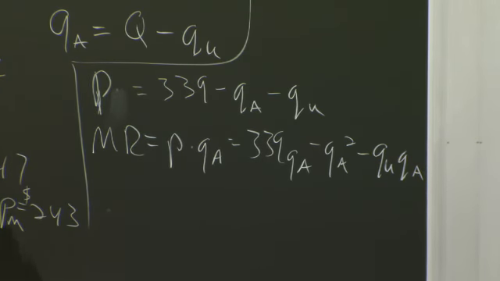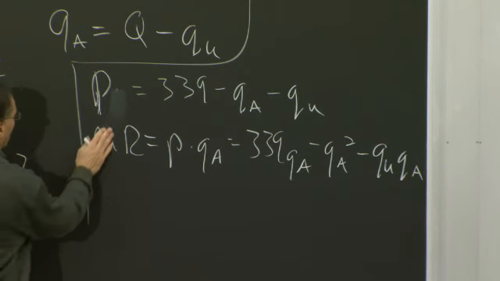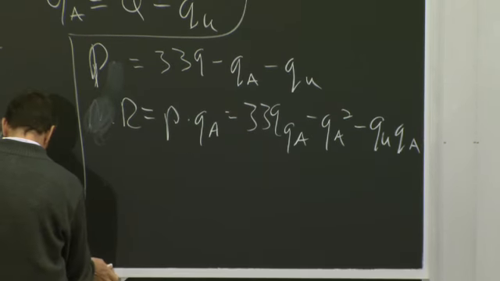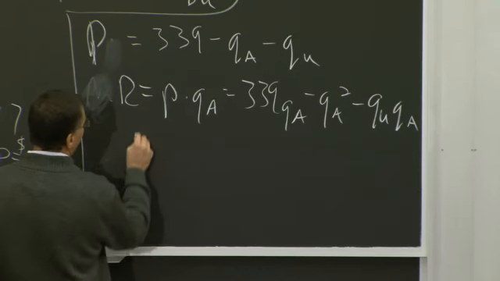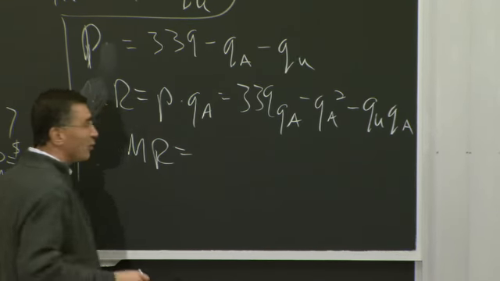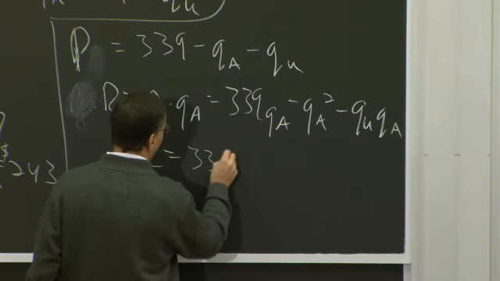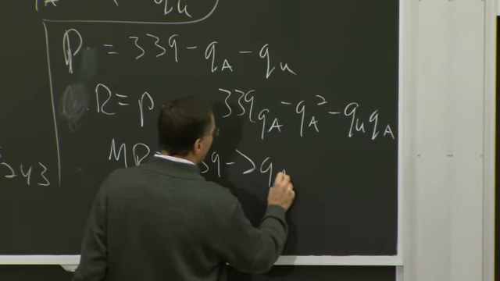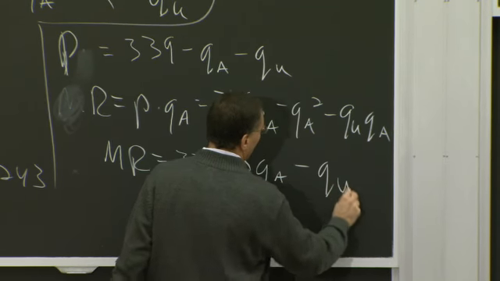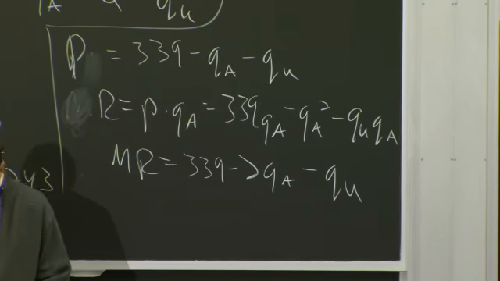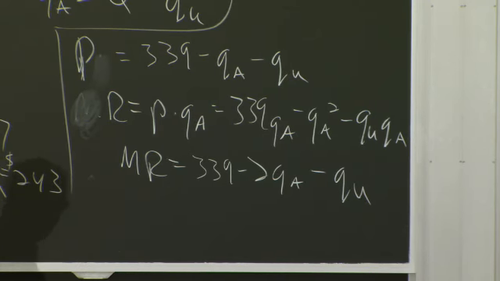That's their revenue function. Marginal revenue, differentiating with respect to QA, which is all they can control, is going to be 339 minus 2QA minus QU. That's their residual marginal revenue function.